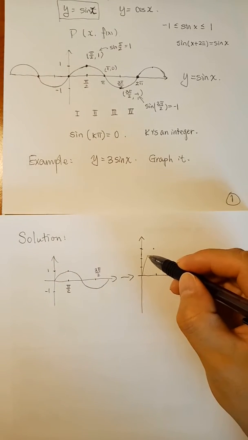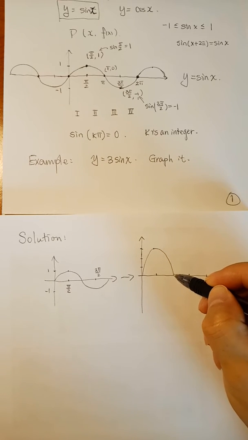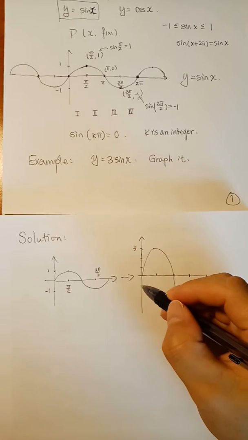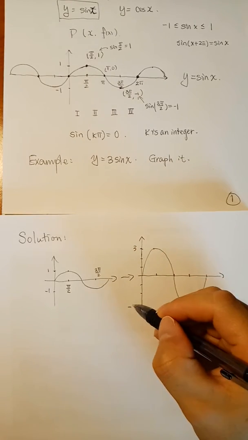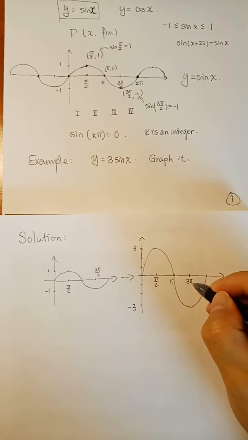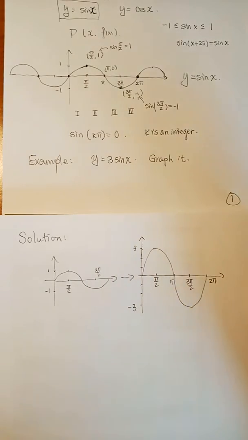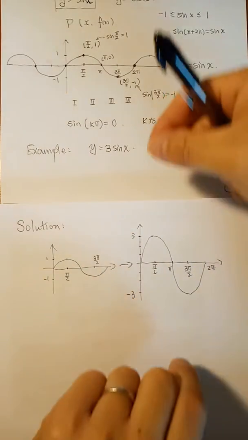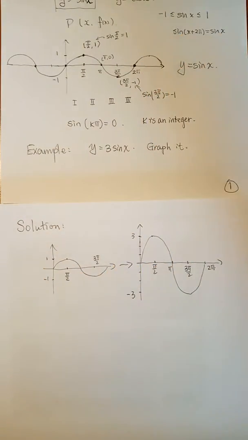So it's like this. Here 3, here negative 1, 2, 3, negative 3. So pi over 2, pi, 3 pi over 2, 2 pi. You don't change the basic shape, you just stretch it along the y direction. So you get 3 sine x.